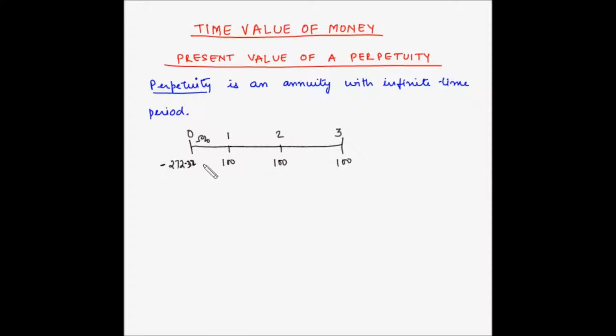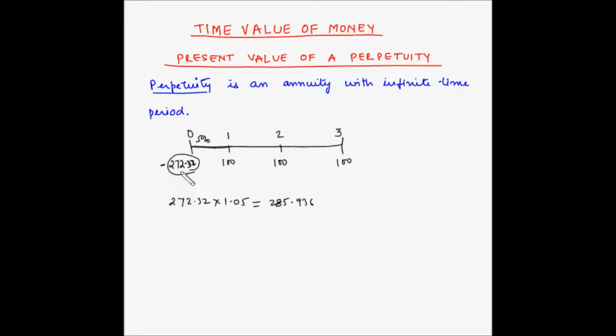So basically what is happening is that once you deposit this amount in the bank at 5%, this amount will gain 5% during this time frame. Now what is 5% added to this amount? So 272.32 into 1.05 is equal to 285.936.